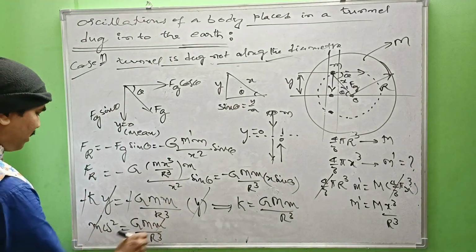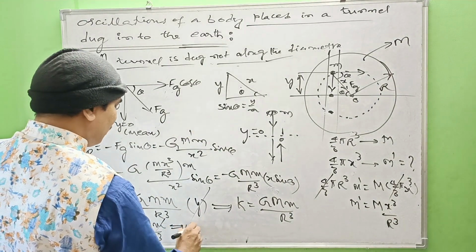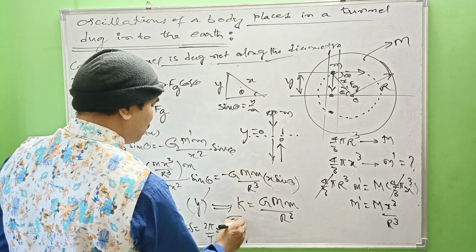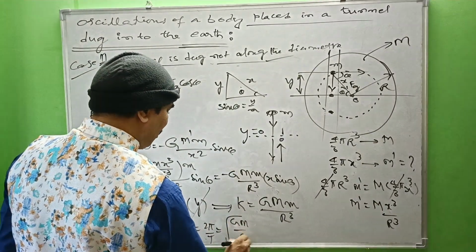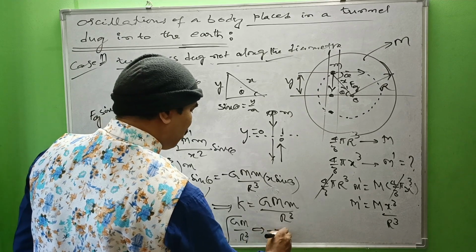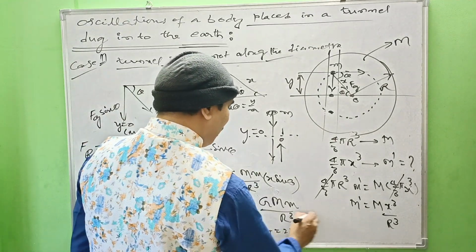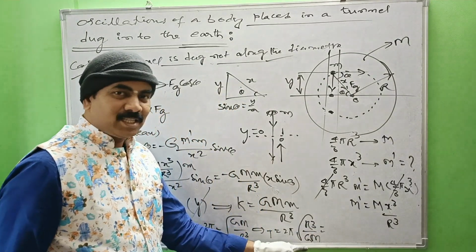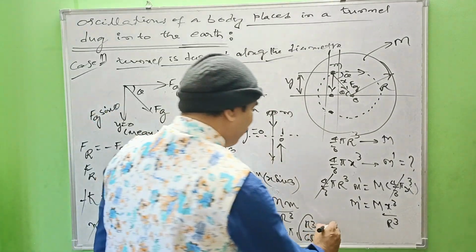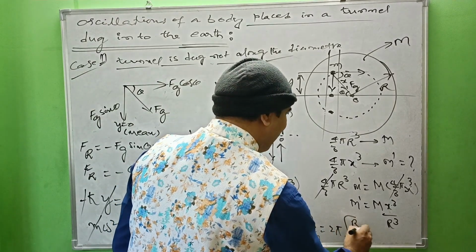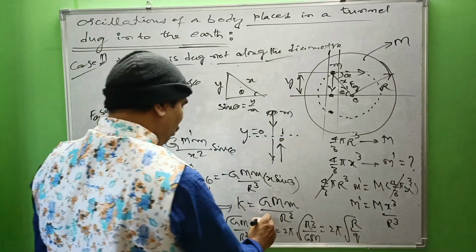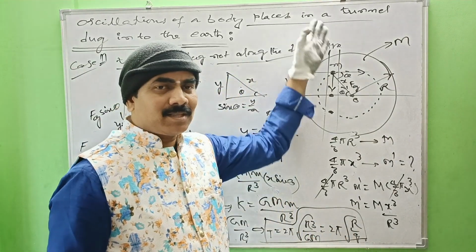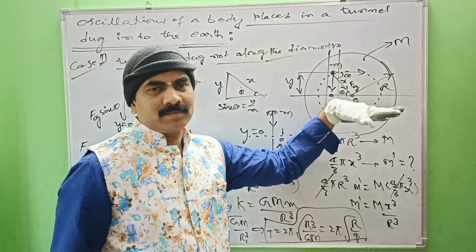The m cancels, so omega equals 2 pi by T, which equals root over G M by r cube. So T equals 2 pi into root over r cube by G M. When G M is replaced by small g capital R square, you get 2 pi into root over R by g again. So there is no change whether the tunnel is dug along the diameter or at any other position, right?